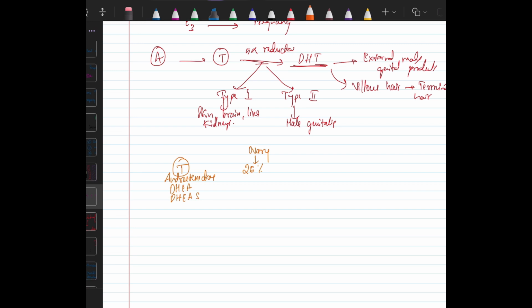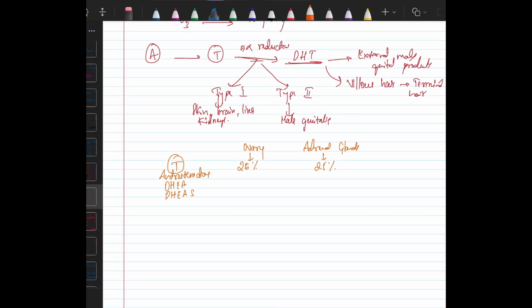So 25% of testosterone is from the ovary, and adrenal glands also produce testosterone, which is 25%. So 25 and 25 is 50%. So where is the other 50% of the testosterone? That other 50% is produced by conversion of androstenedione to testosterone that acts peripherally. Okay.